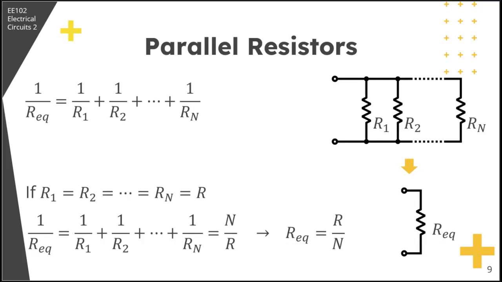Then dali na ta. Kung si R1 og R2 hangtod Rn kay same ra silang value, ang mahitabo gikan ani, di ba, i-add na nimo, mora na ng n over R. Ato pa R equivalent now becomes R divided by n. Okay?